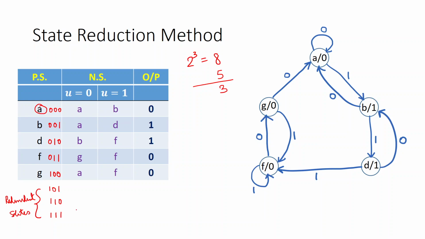What to do with the redundant state? If you ever land upon redundant states, due to any operation, then you have to define where you should go if you have landed upon a redundant state. Usually we assign a particular state among the available 5 states as the initial state.